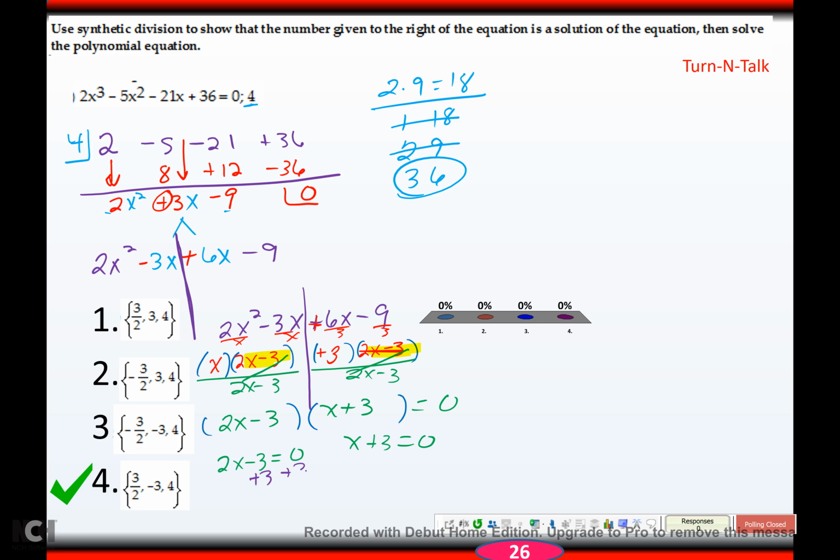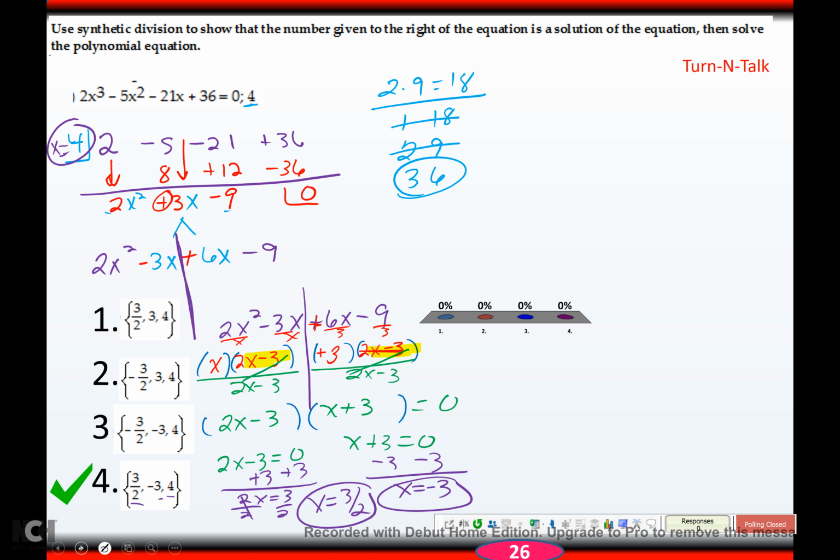Plus 3 plus 3, 2x equals 3. Divide by 2, x equals 3 halves. Minus 3, x equals negative 3. And they gave me x equals 4 in the beginning. So my 3 zeros are 4, negative 3, and 3 halves.